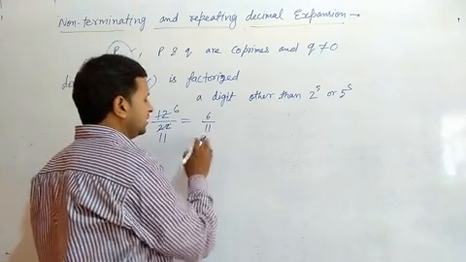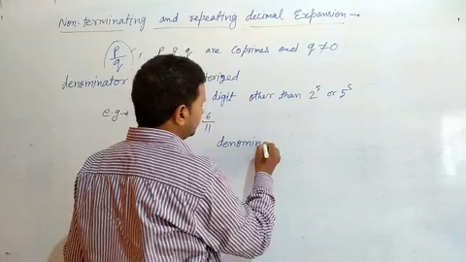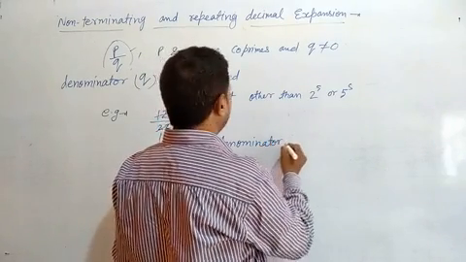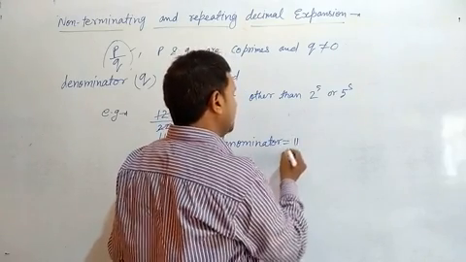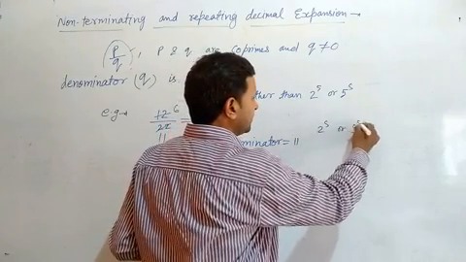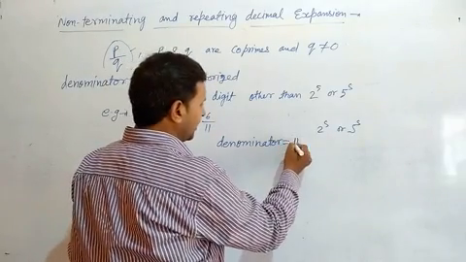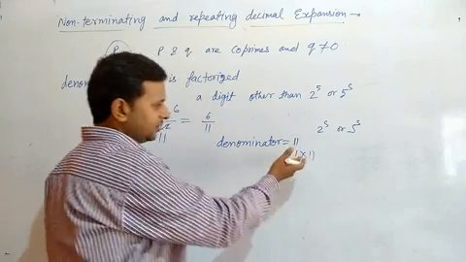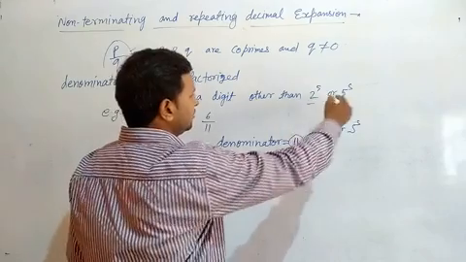Now we see here that the denominator is 11, and it is other than 2's or 5's.